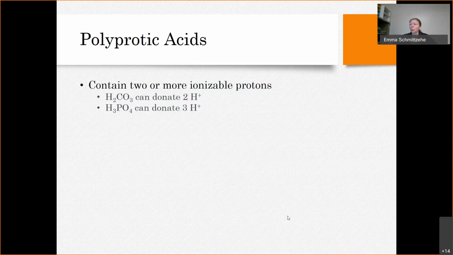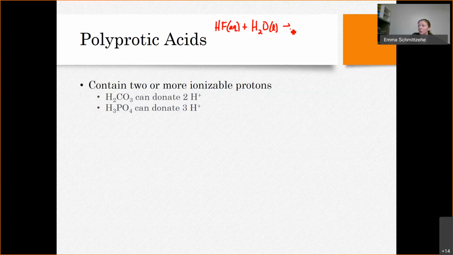Okay, so when we deal with these polyprotic acids, we can write the equilibrium associated with their ionization in water, just like we can with any weak acid. Let me go back before I put up the polyprotic one. If we think about a monoprotic acid, something like HF, and we put HF into water, it dissolves and interacts with water by ionizing.